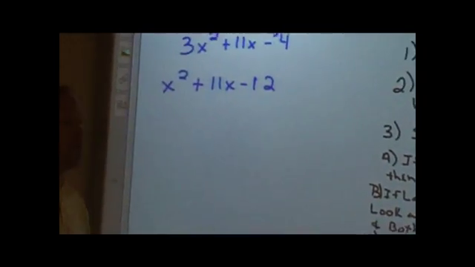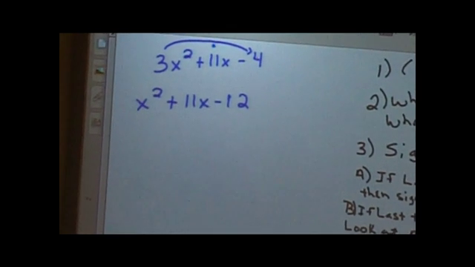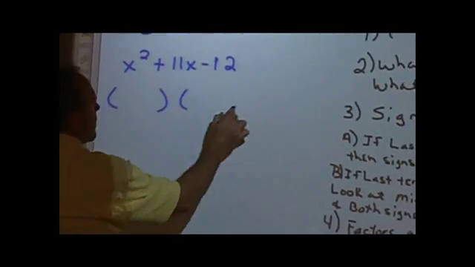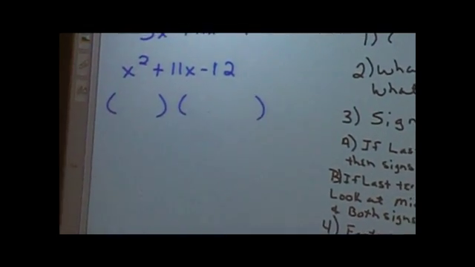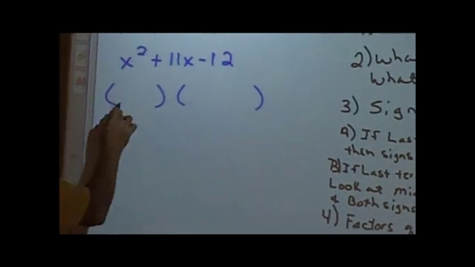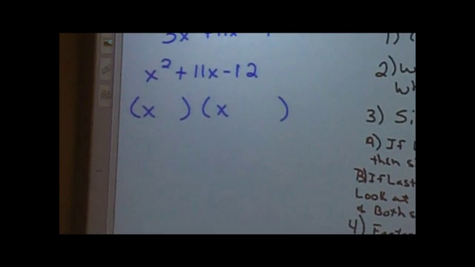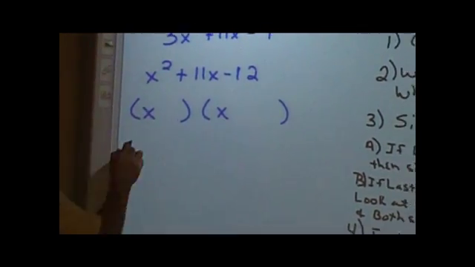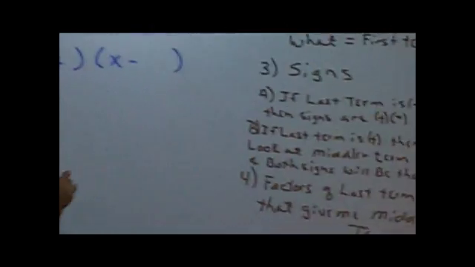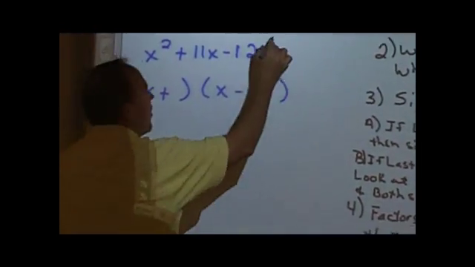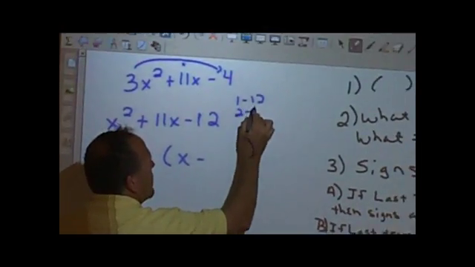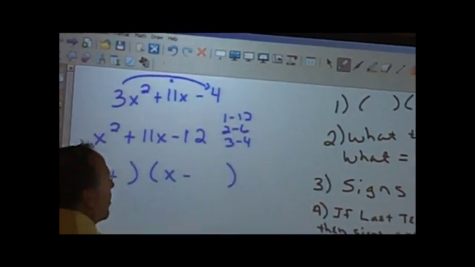Then you follow your steps for factoring. First step, parentheses. Second step, what times what gives me x squared? X and x. Third step is my signs. My signs need to be positive, negative. Factors of 12: 1 and 12, 2 and 6, 3 and 4.